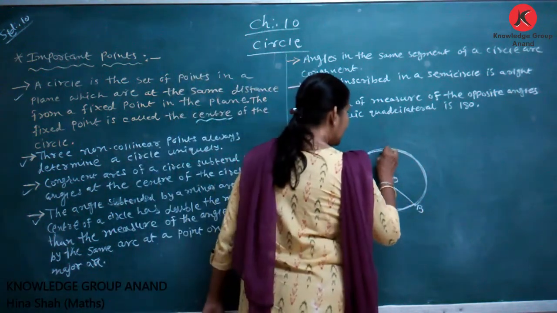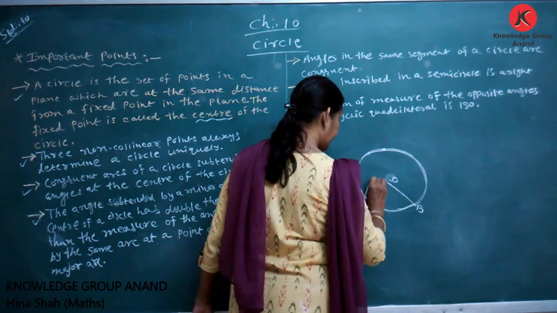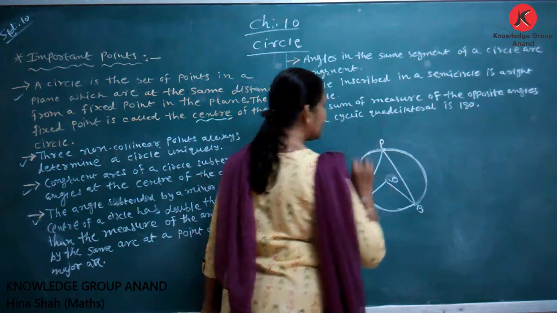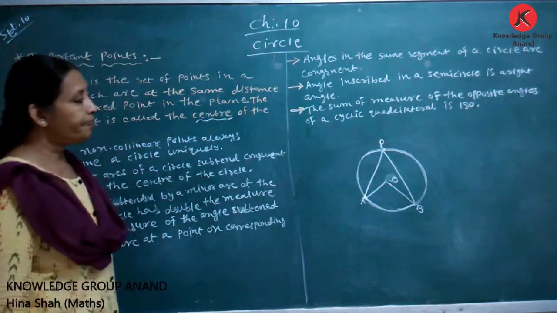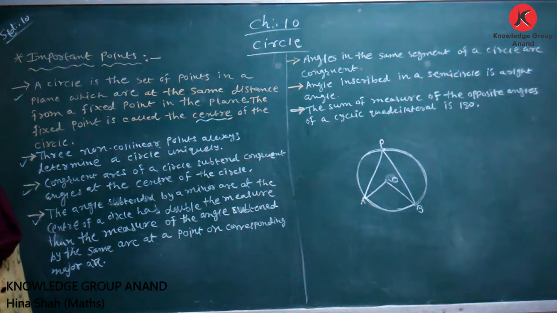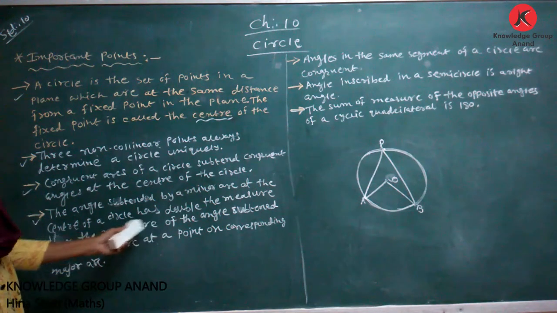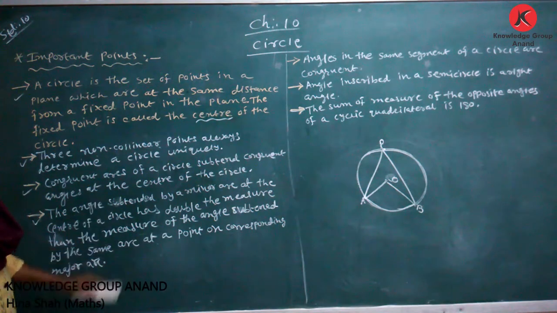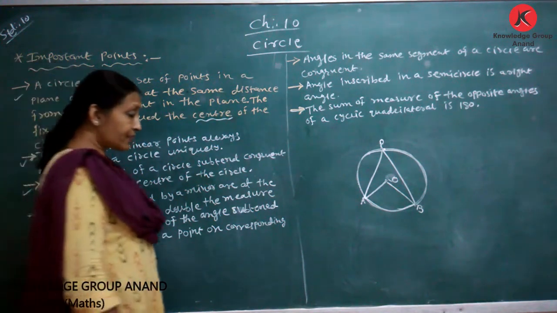Point on the major arc. Suppose P is a point on the major arc AB. Then angle AOB is equal to 2 times angle APB, twice the angle subtended by the same arc at a point on the corresponding major arc.